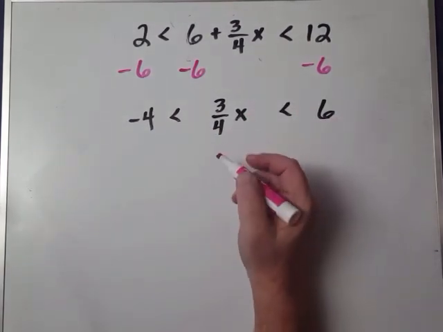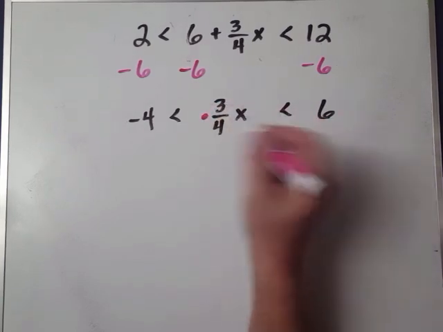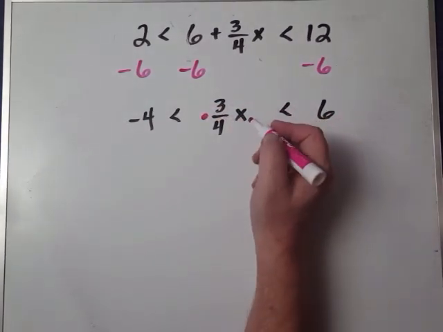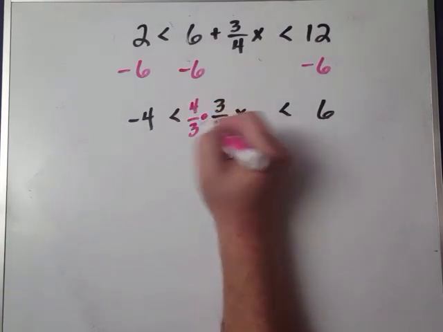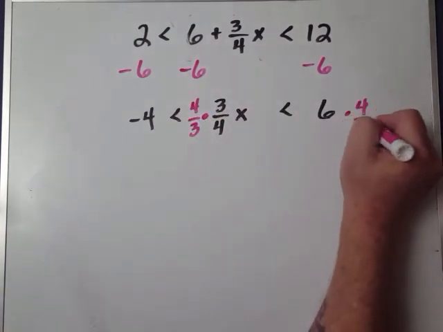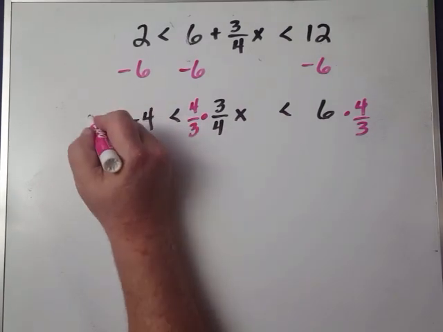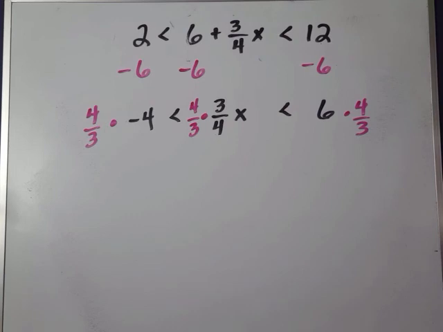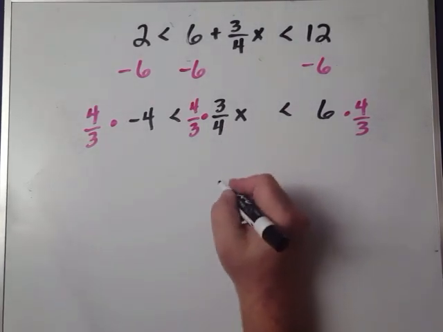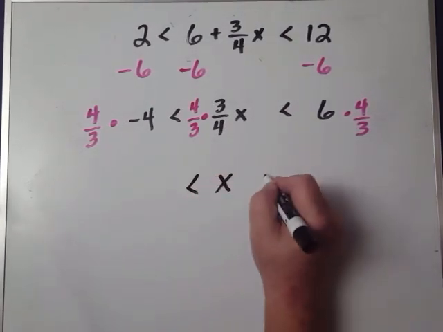And now to get x by itself, what? Multiply all three parts by the reciprocal of that coefficient. Multiply all three parts by 4/3. So in the middle, the 4's cancel, the 3's cancel to leave x. X is between.